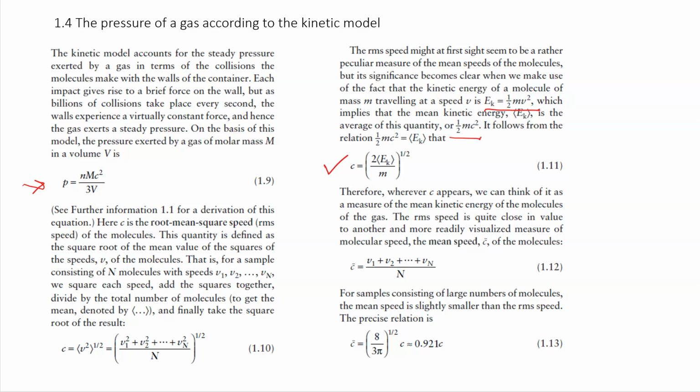So therefore, wherever c appears, you can think of it as a measure of mean kinetic energy of the molecules of gas, which is a really, really slick way to bring kinetic energy into our first term describing pressure.